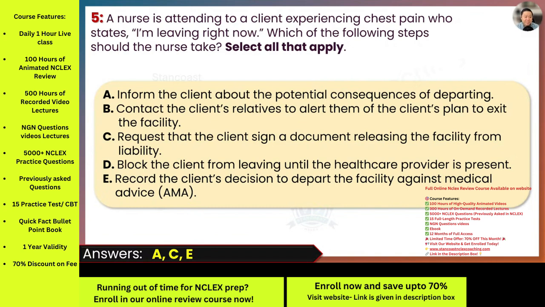Now, what about letter E? Recording the client's decision to depart the facility against medical advice. Why is this correct? Well, we know that the documentation can protect everyone. It will protect the patient, the nurse, and the facility, and the nurse should include in their documentation what the patient said. And they stated, "I'm leaving now." You also need to document the risks that were explained.